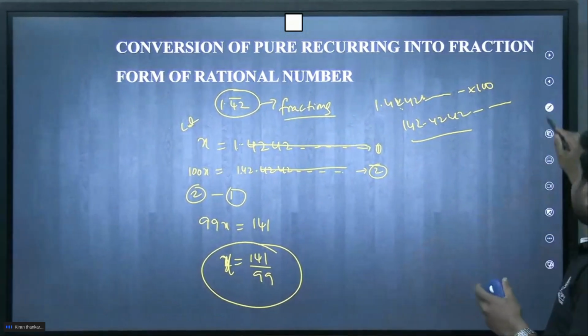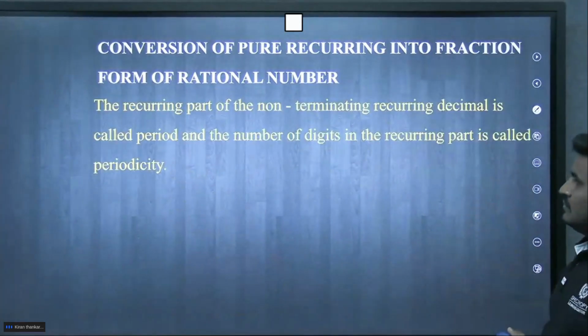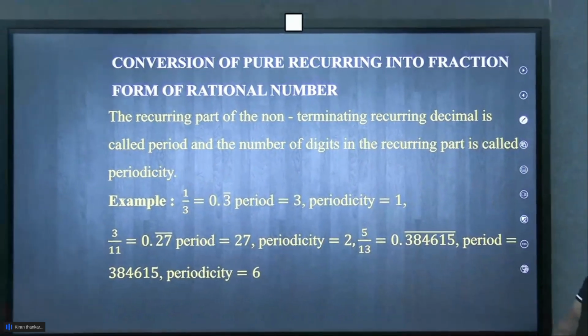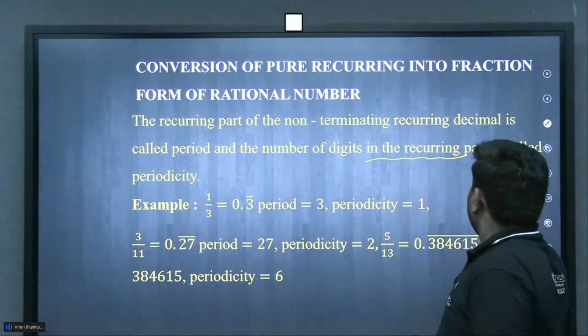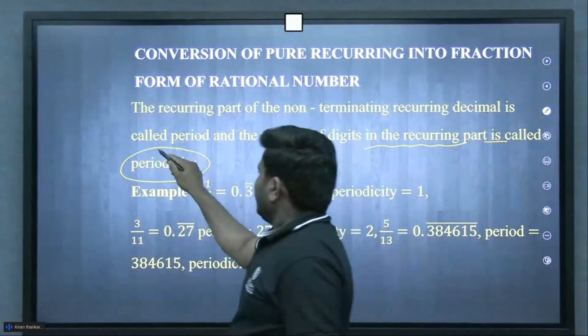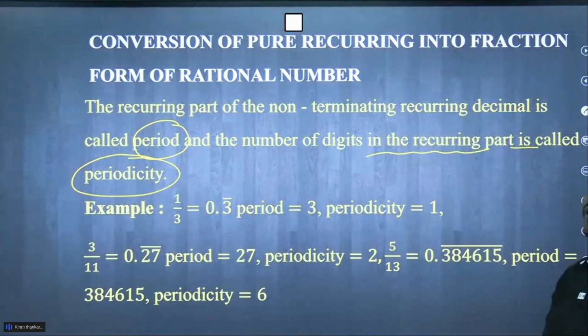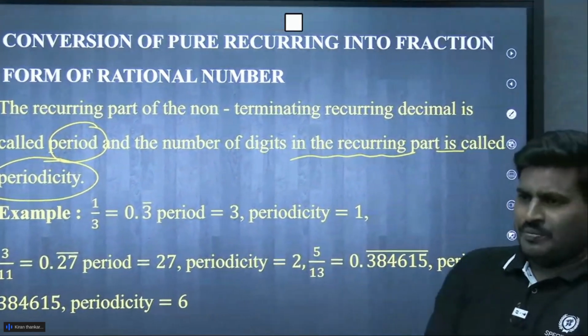The recurring part of a non-terminating recurring decimal is called the period, and the number of digits in the recurring part is called the periodicity. This is most important for objective questions.